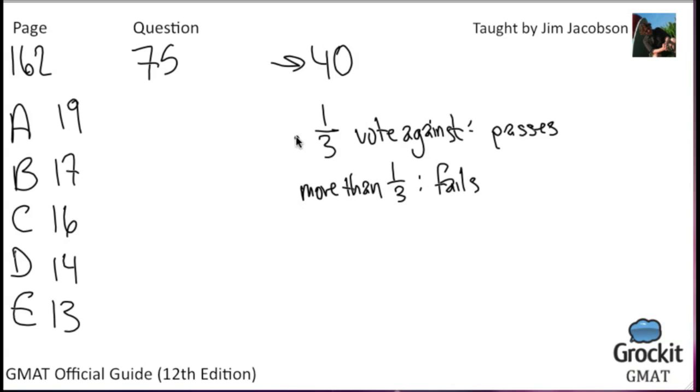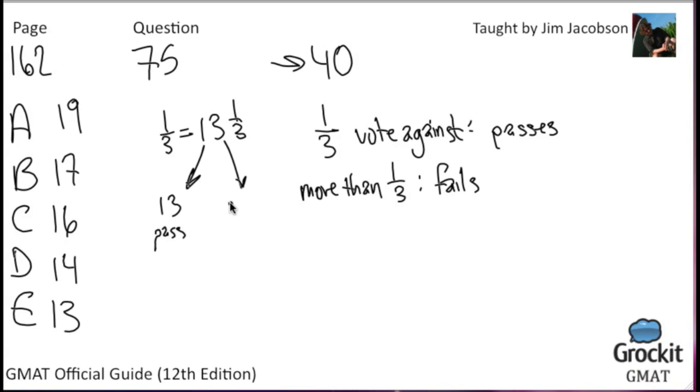What does 1/3 of it equal? So 1/3 of 40, we just do 40 divided by 3, which ends up being 13 1/3. So 1/3 equals 13 1/3 people. You don't have 1/3 people on there. So basically, if 13 people vote against something, that's less than the third voting against it, which means they get more than 2/3 voting for it, it passes.